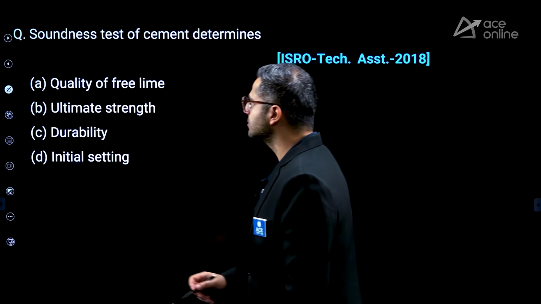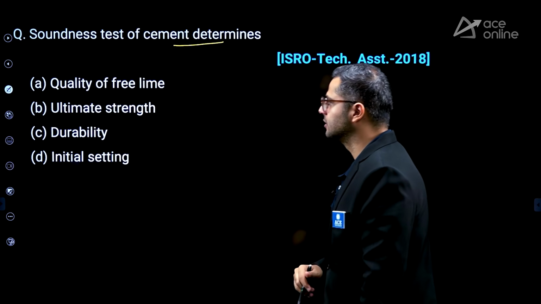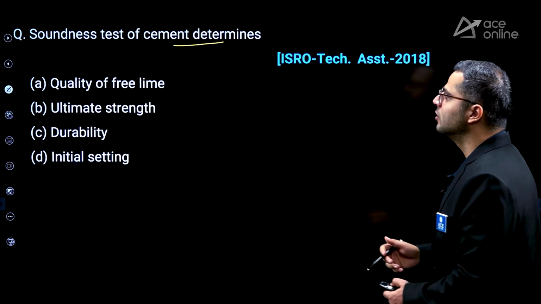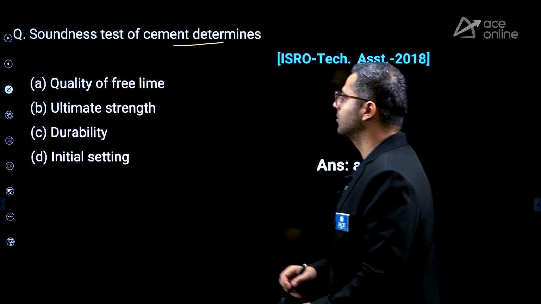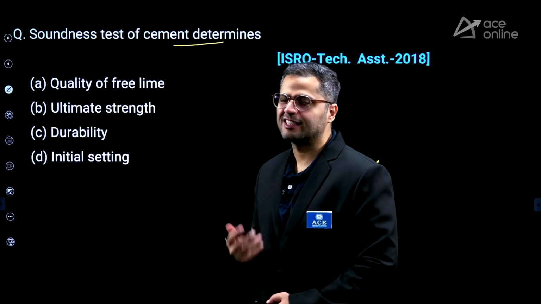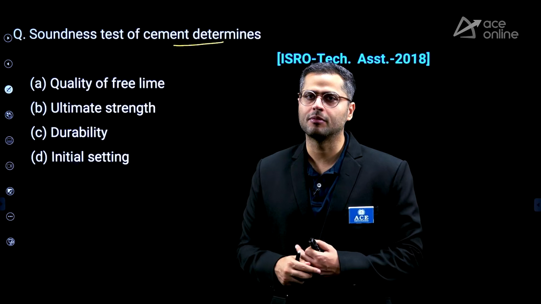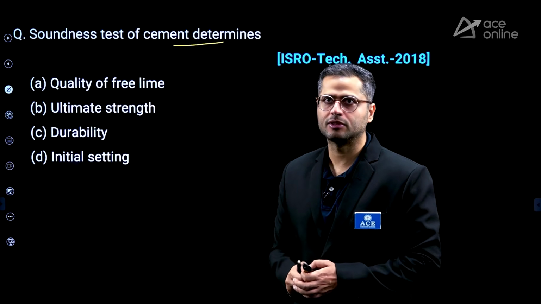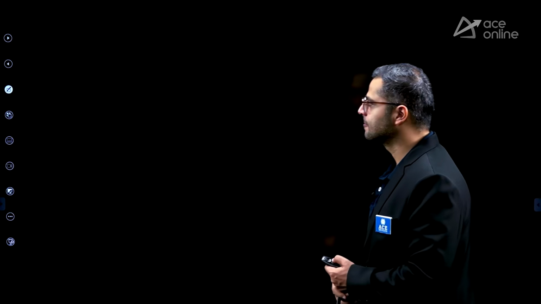Next is soundness test of cement determines. The soundness test tends to determine how much quantity of free lime is there. So free lime tends to test the soundness of cement or changes in the volume of cement. The lime content is very much responsible for that, right?